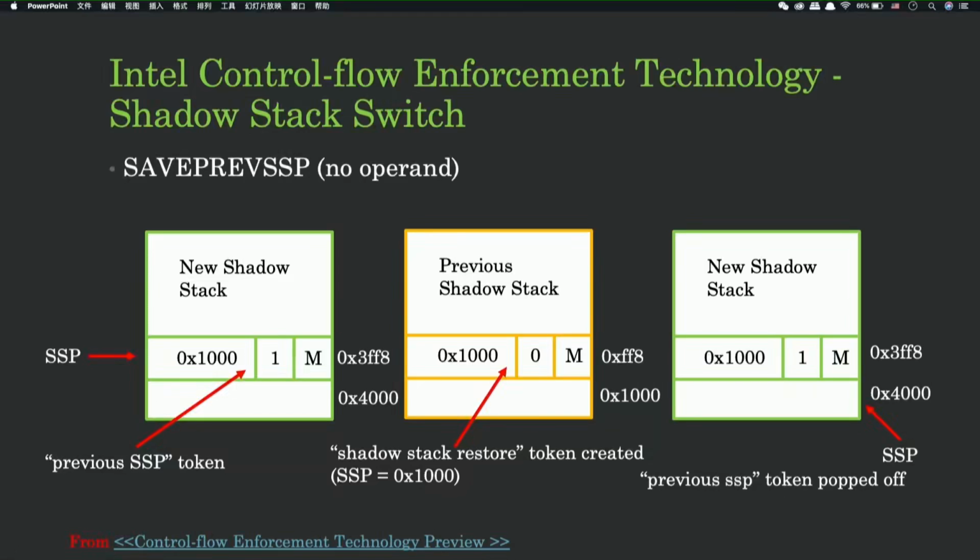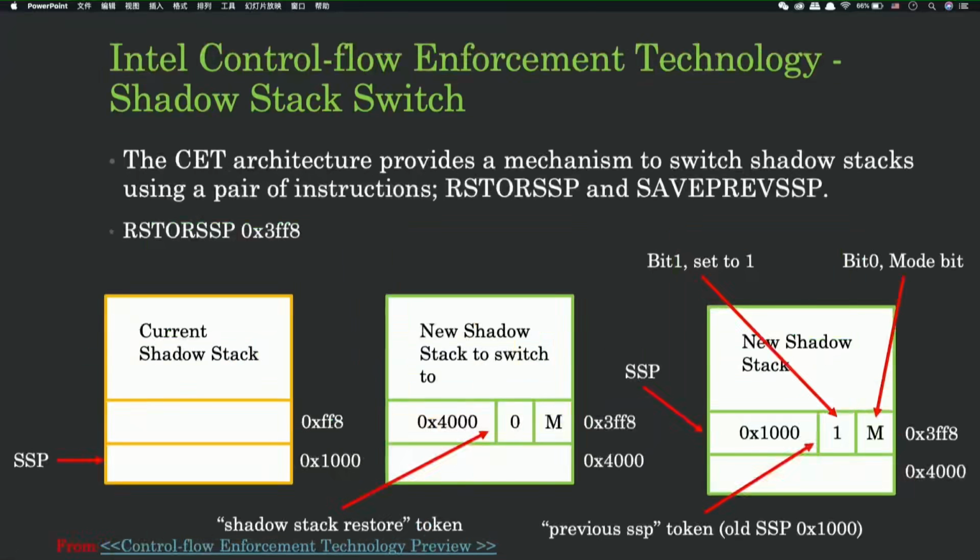Now we want to do the store. We want the previous shadow stack to have this shadow stack token, so that we know we are able to go back to this stack when this is done, or some other shadow stack after the use of it. And then we put this, which contains the address of the previous shadow stack, which is here.